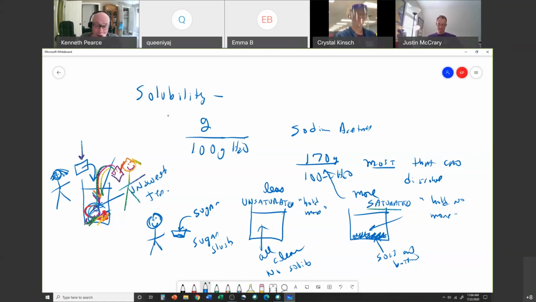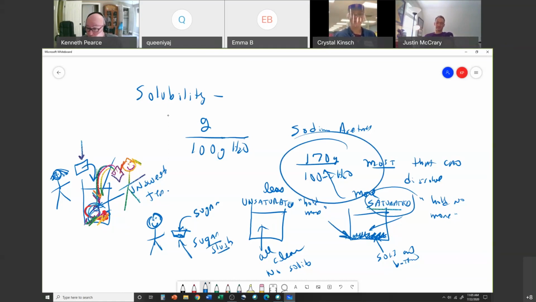And so, why did we get sugar slush at the bottom? It's because we exceeded the solubility. Now, it took until I was 20 something years old to realize this is what was going on. But that's what's going on. So if you see solid on the bottom, what does that mean? It means you're saturated.